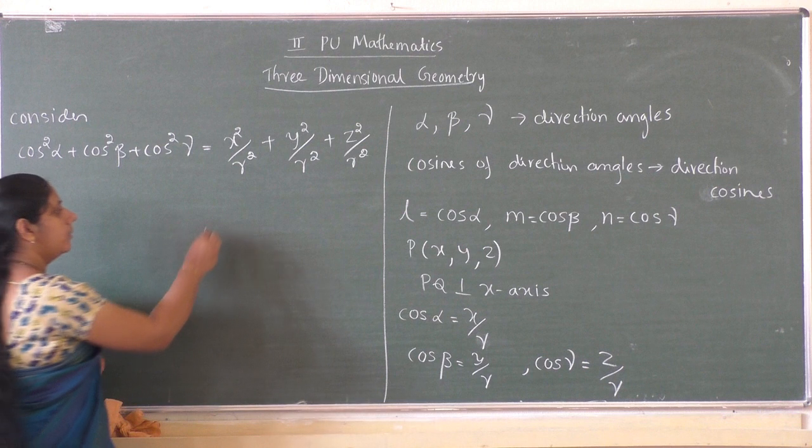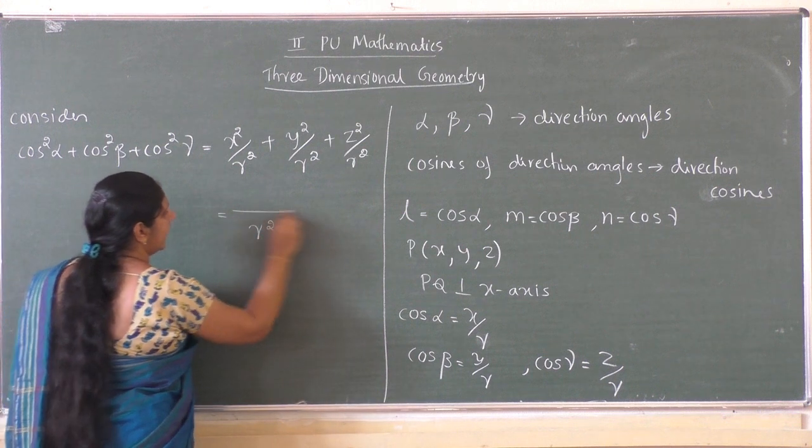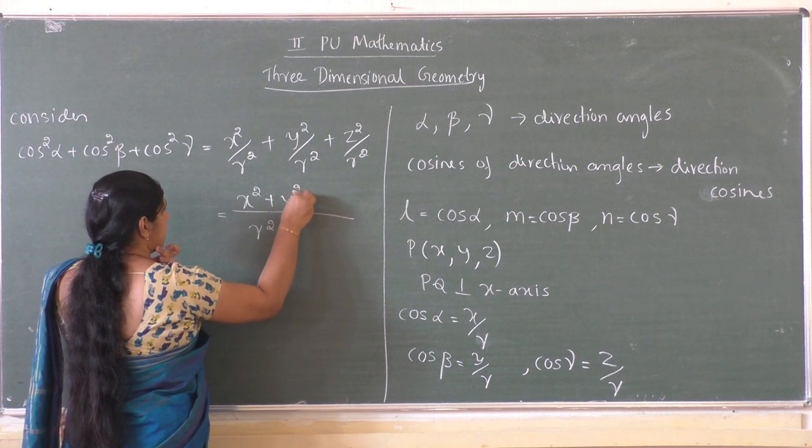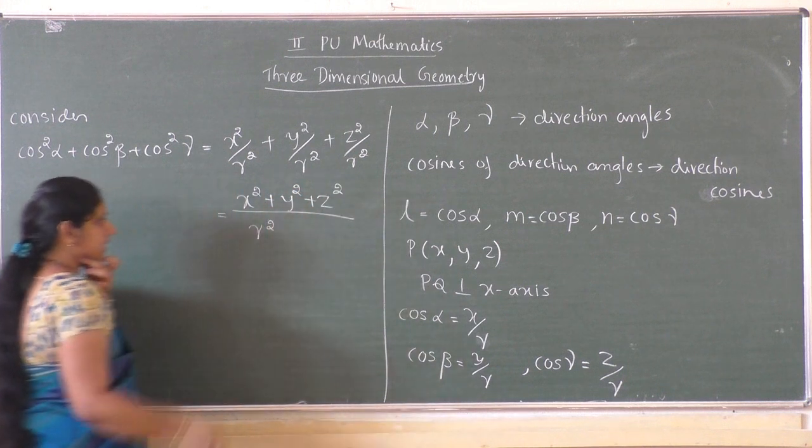Now what is the common denominator here? R square, and the numerator is x square plus y square plus z square.